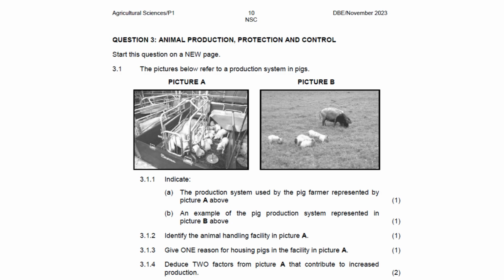That is one of the factors. Then the other factor could be regarding nutrition. It can help the farmer to ensure that the sows have enough energy, and it provides them with nutrients. And this is not only for the sows, this also helps the piglets, or the young ones.